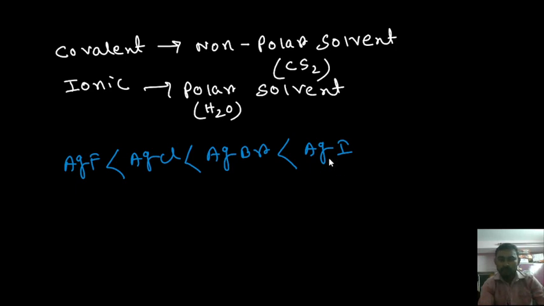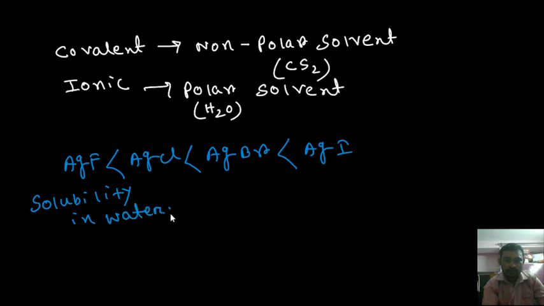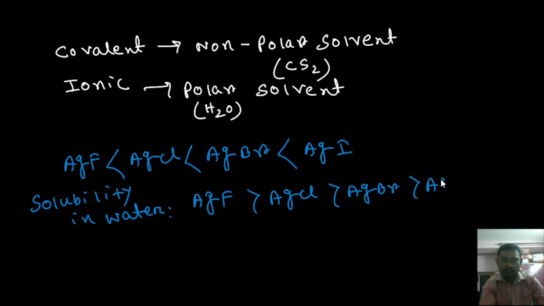If I talk about the solubility in water of these salts, what will be the order? The solubility in water will be the reverse, because AgF is mostly ionic, so it will be soluble maximum in water. So the solubility will be AgF maximum, then AgCl, then AgBr, then AgI.